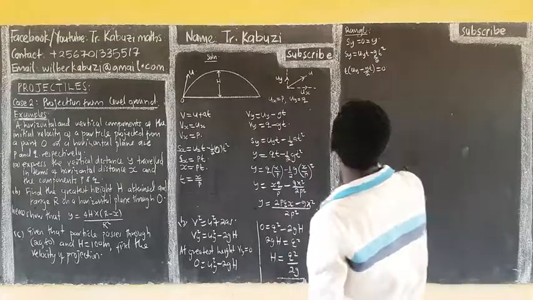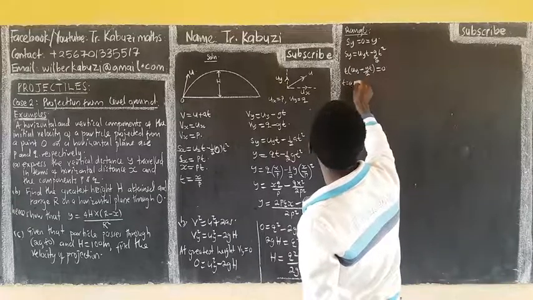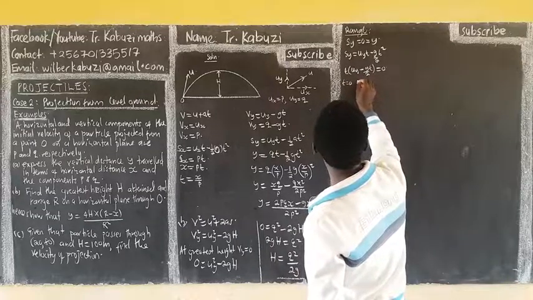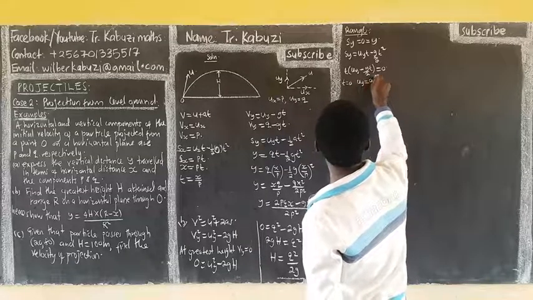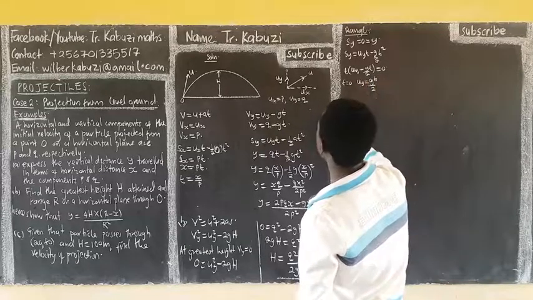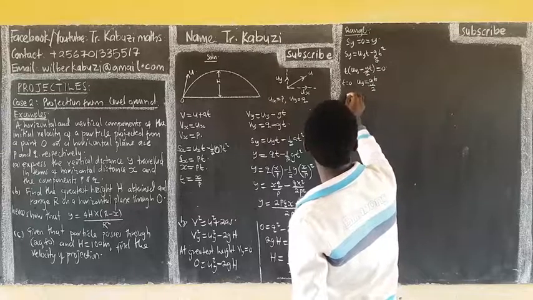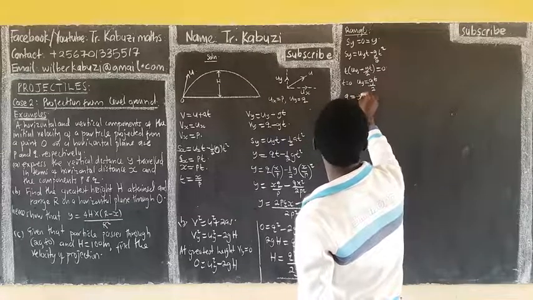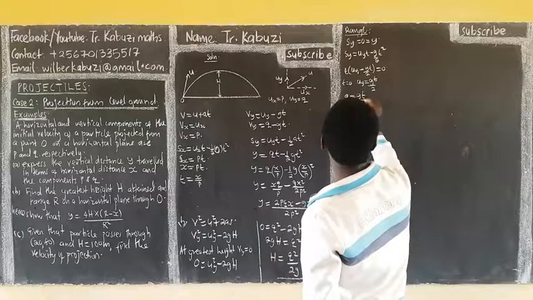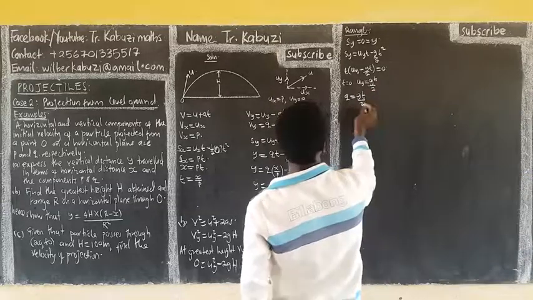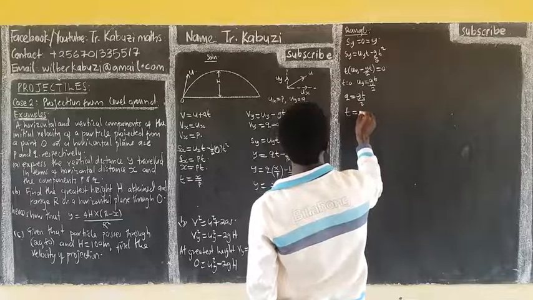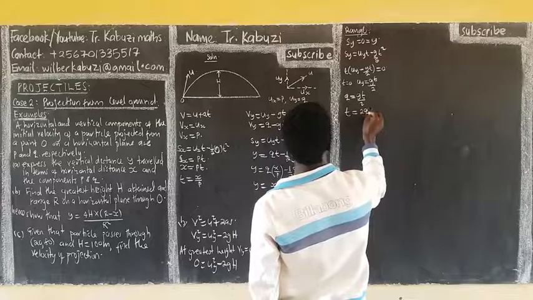What is the time when it is 0? Or my uy equaling gt over 2. What is my uy? It's here as q, so q equals gt over 2. So the time for that is going to be 2q over g.